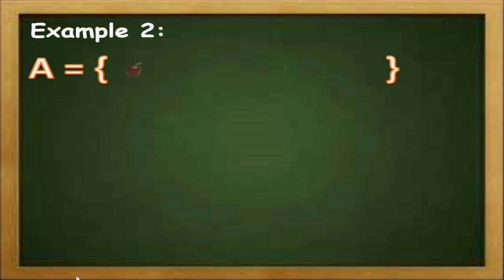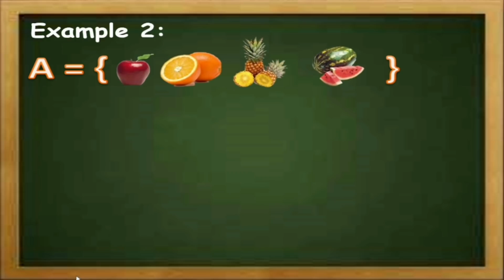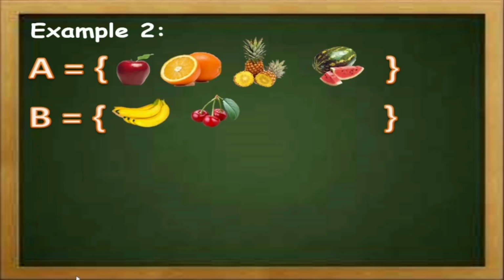This time I have set A, which contains the element apple, orange, pineapple, and watermelon. For set B, I have the following fruits: bananas, cherry, we have apple, and grapes.